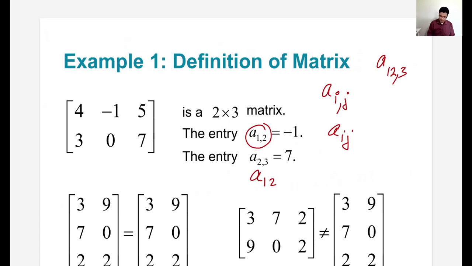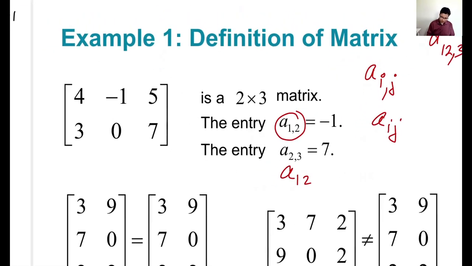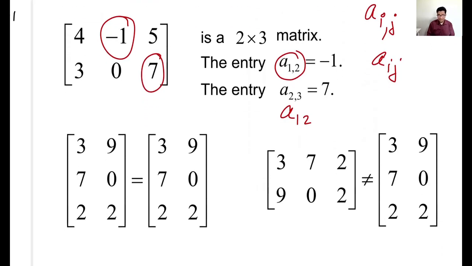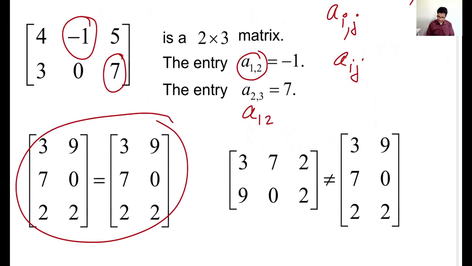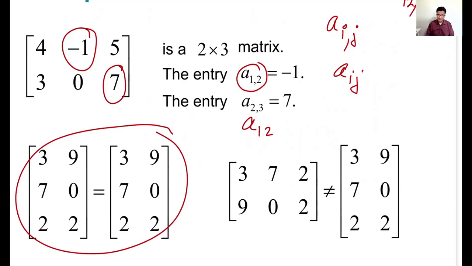Keep that in mind. So 1, 2 will be the first row, second column. That's the negative one here. 2, 3 would be second row, third column. And these two matrices, you see exactly corresponding entries, so they are equal. Here is another way the matrices will not be equal.